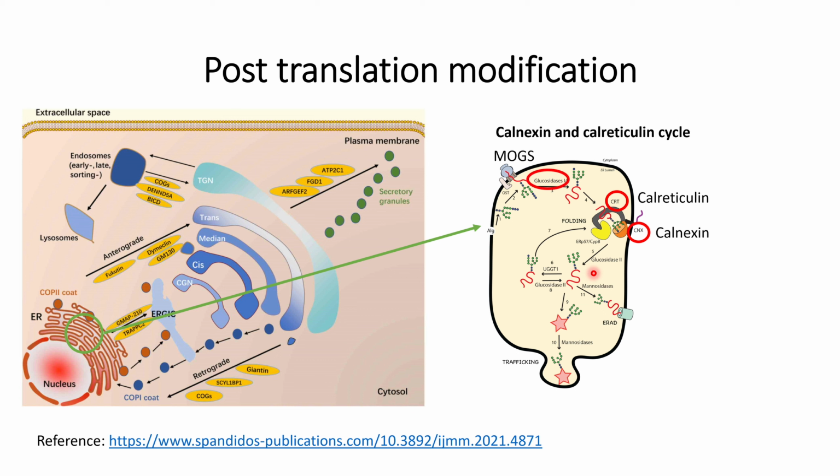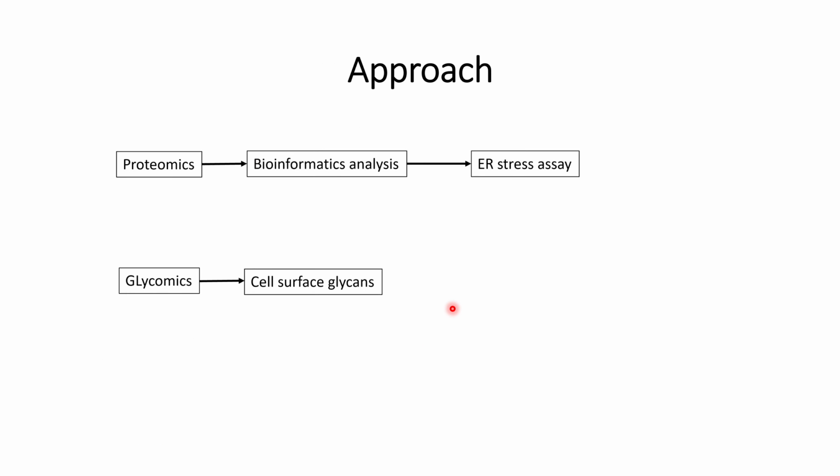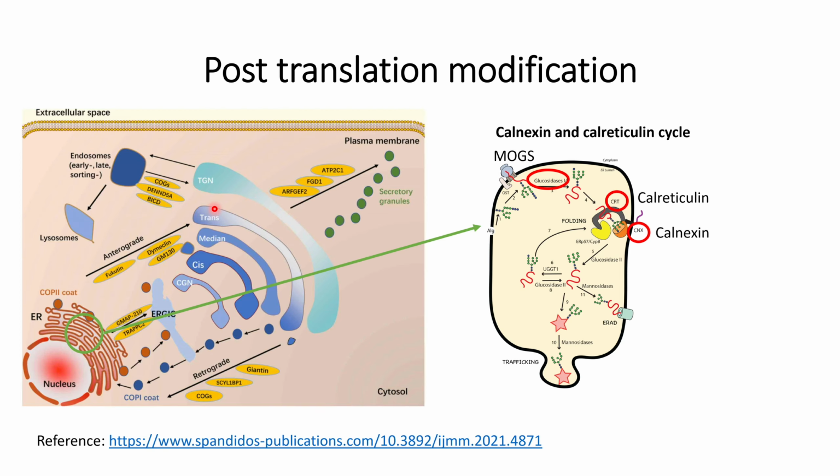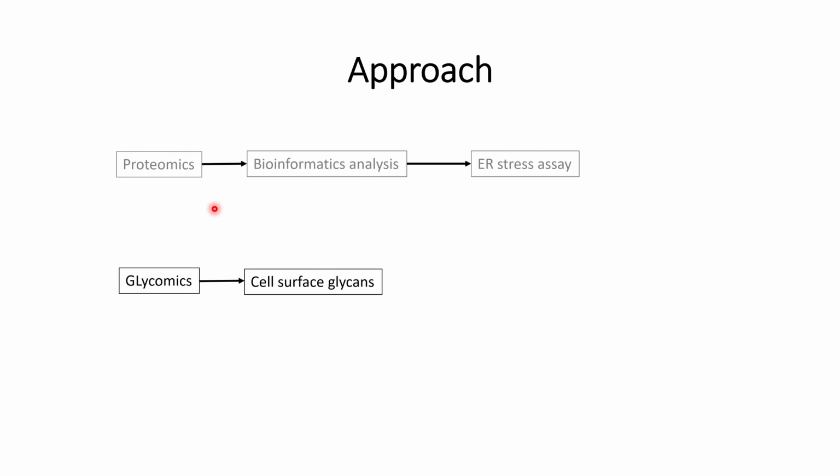So these three, that is MOGS or glucosidase 1, Calreticulin, and Calnexin, roles will be discussed in this presentation. Two approaches are being used to understand the role of these chaperones and glucosidase 1.